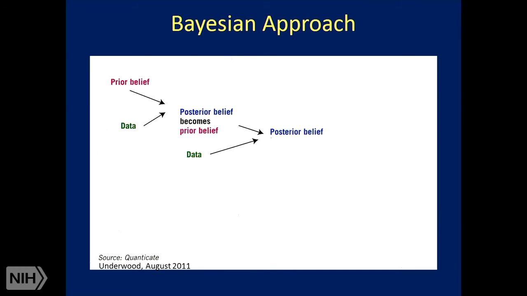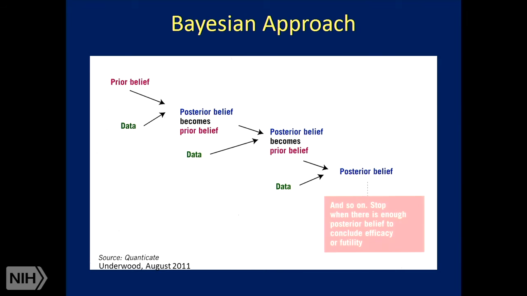So now the posterior belief after two experiments becomes the prior belief. You get data, and you update that information. And then you keep on doing it until it's pretty clear whether the medication is efficacious or not. So there is enough posterior belief to conclude efficacy or futility.